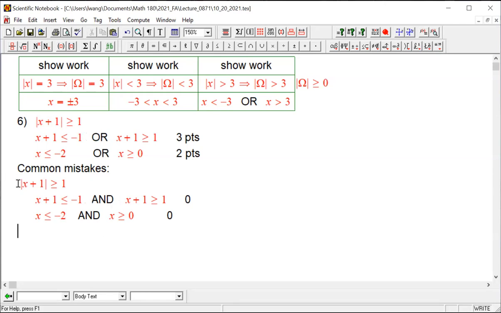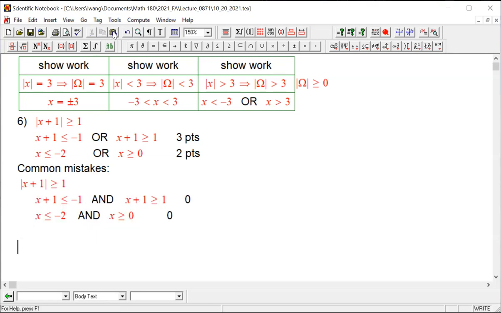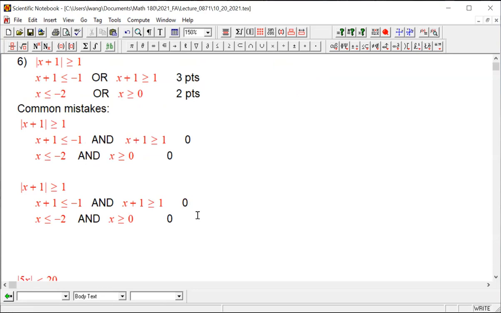If you leave it blank, as I said earlier, you say, oh, I'm not sure if it's and or, right? You leave it questionable. This is going to leave a question mark in my mind when I grade your work.